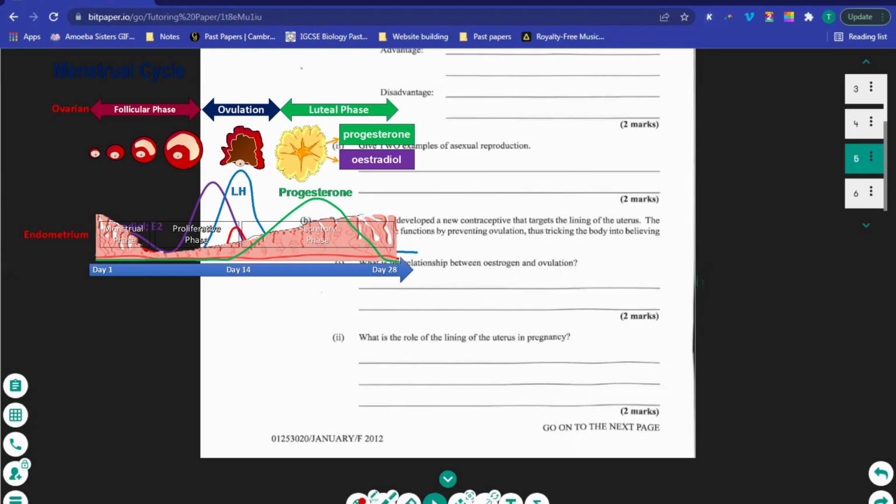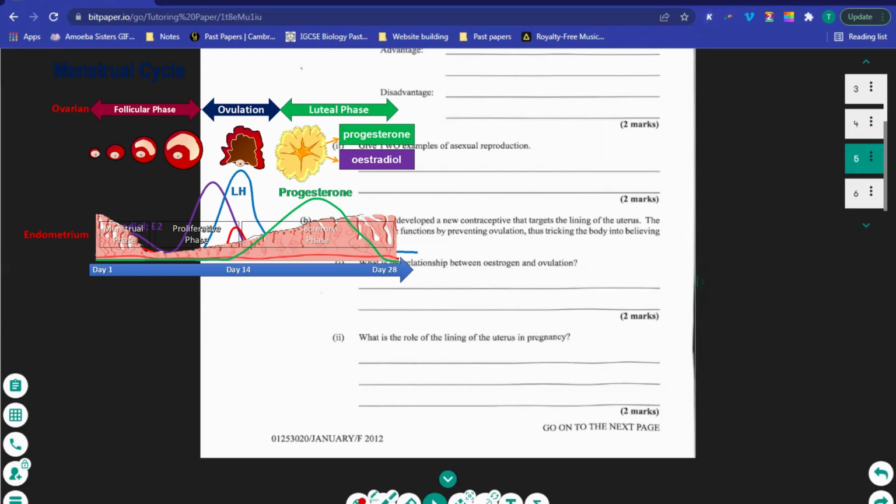We know that for the egg to become mature, FSH has to be released. When FSH is released and the egg is maturing, estrogen will start being produced to start thickening the lining of the uterus. After the thickening of the uterus lining, ovulation can occur: LH is going to be released to tell that follicle to release the mature egg. And the release of the egg is ovulation.